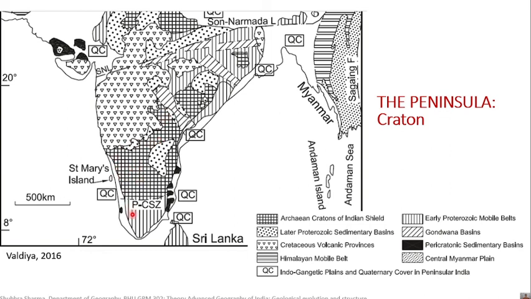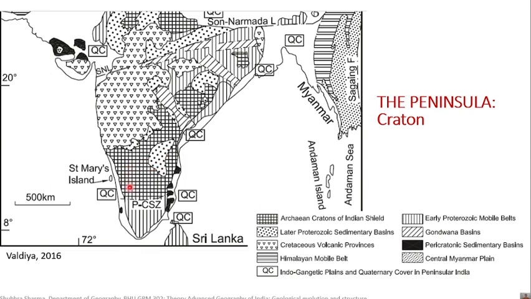So you can see they are located somewhere in Karnataka, some part of Tamil Nadu also. Then further you move towards the north, they are placed in the form of different bodies. We'll discuss these. These are known as the cratons and they are given different names: Dharwar craton, Bastar craton, Singhbhum craton. I'll show that in the next slides.